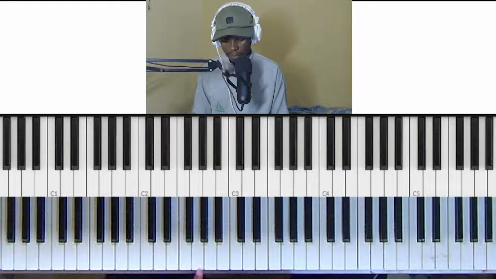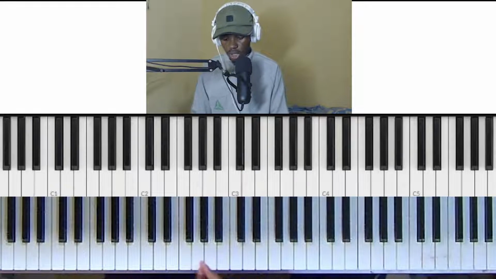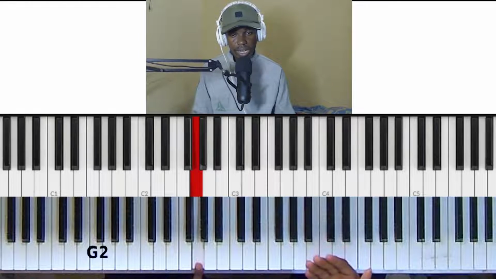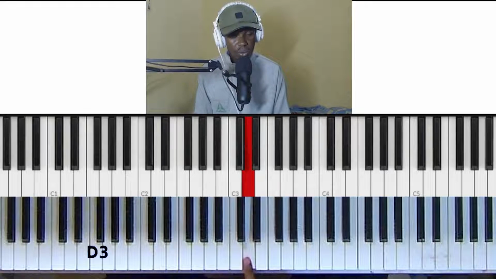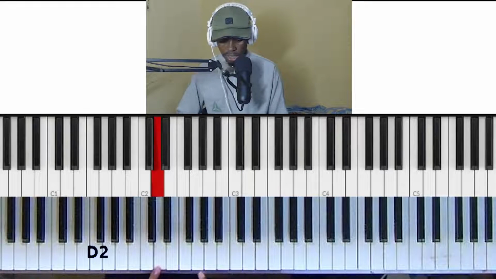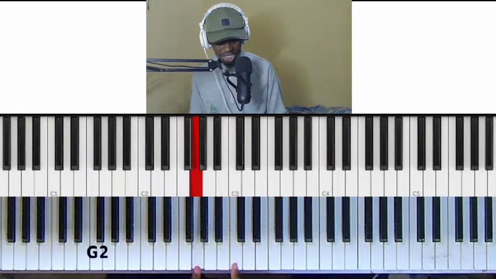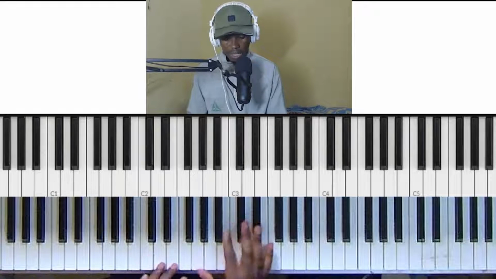So we have 1, 2, 3, 4, 5. Again, you have to understand it's a 5 going to a 1. So the G becomes our 1 at this instant, and we play its 5: 1, 2, 3, 4, 5. So we have D. We can go D to G, which is a perfect fourth, and then go G to C.